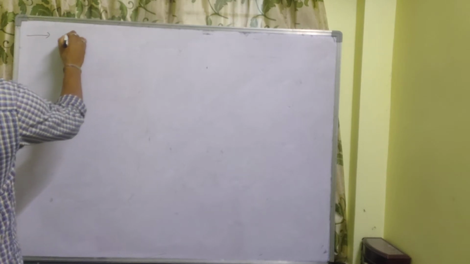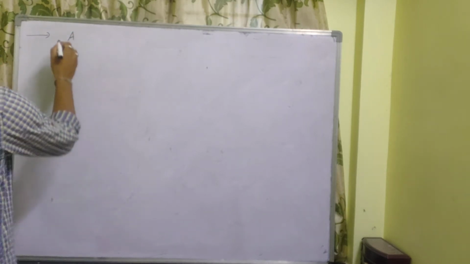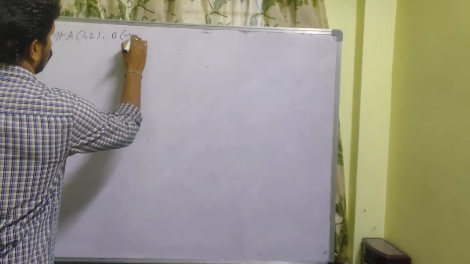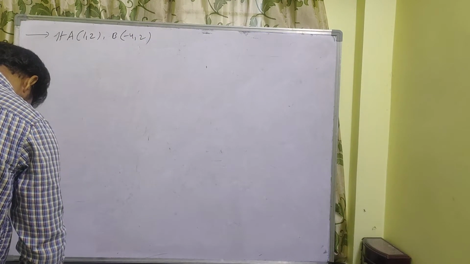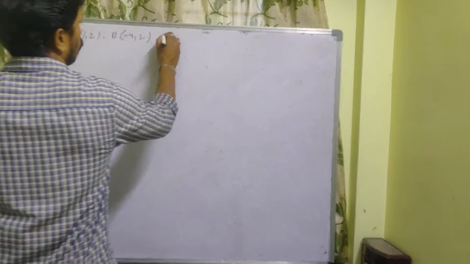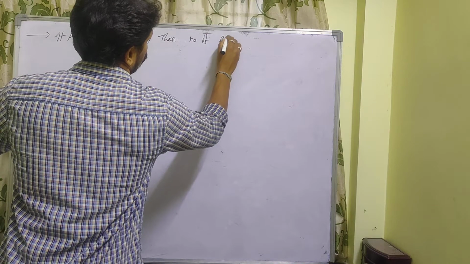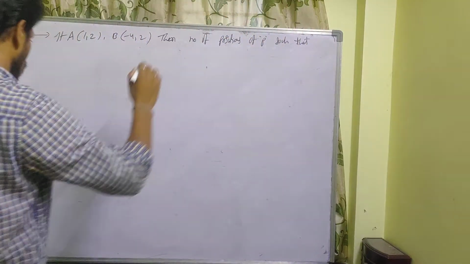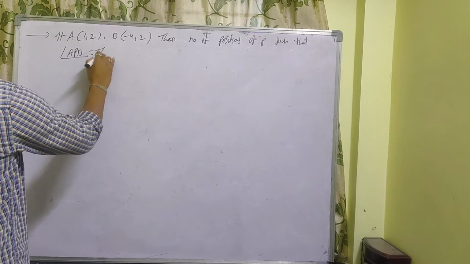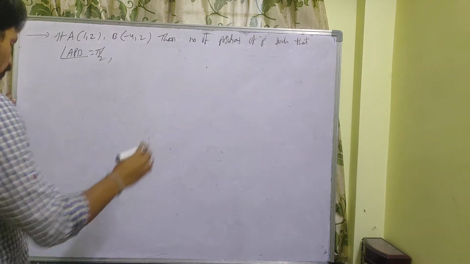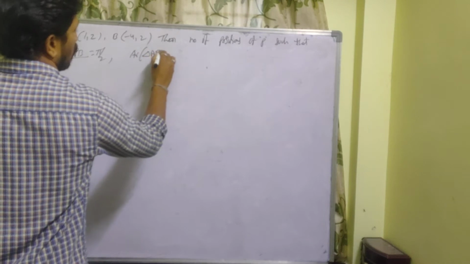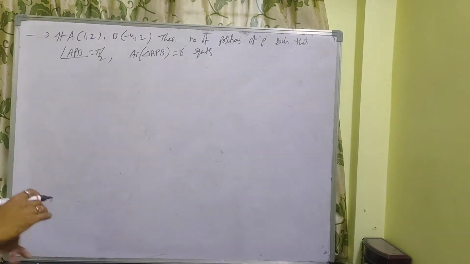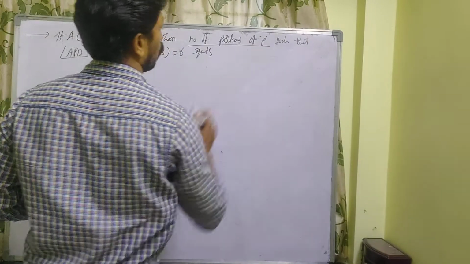The points A is (1, 2), B is (-4, 2), then the number of positions of P such that angle APB is equal to 5/2 and area of triangle APB is equal to 6 square units. See, it is asking to find the number of positions of P.